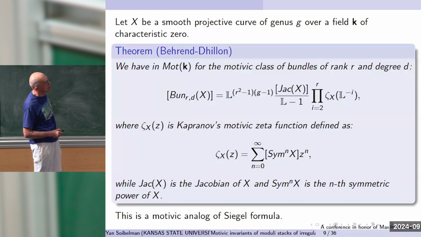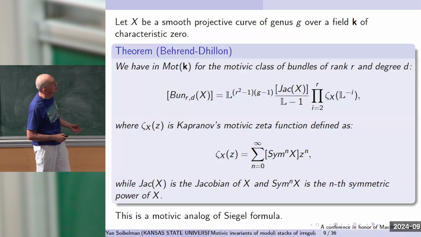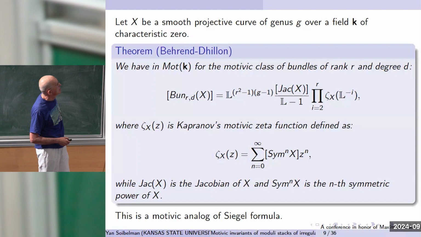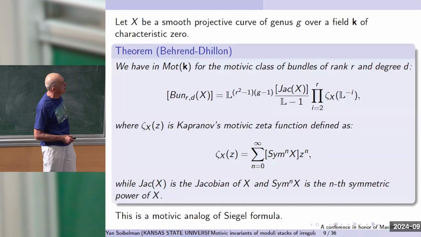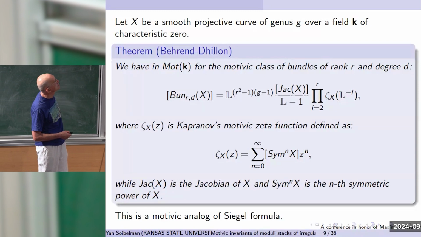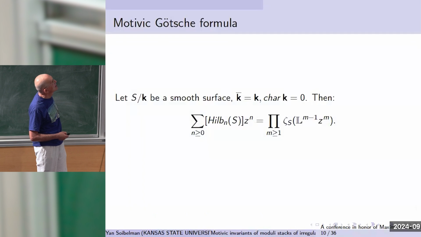This is a definition. This zeta function will appear several times in my talk. So, of course, for the number of points over the finite field, it's a kind of analog of the Siegel formula. So this is something in dimension 1.